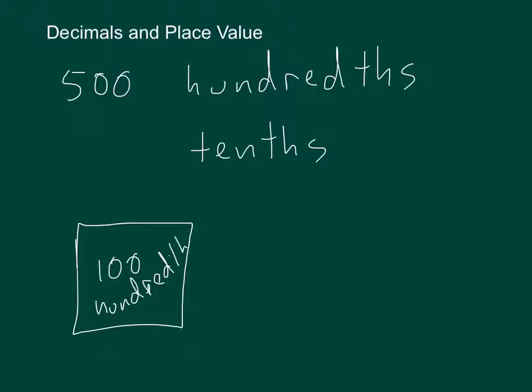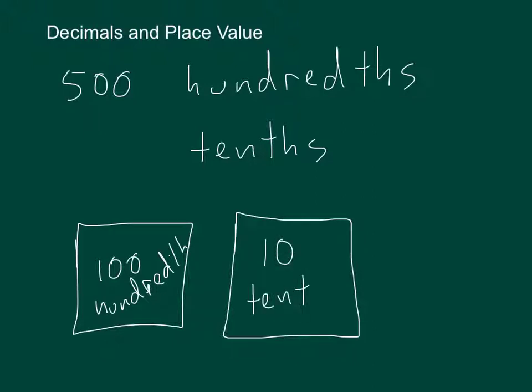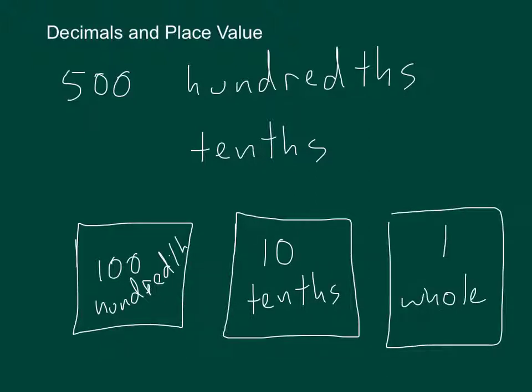We also said that each whole represents 10 tenths. So we have one whole, and we have 10 tenths, but we also have 100 hundredths, and they all equal the same thing.